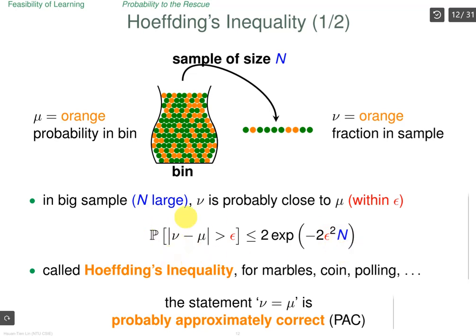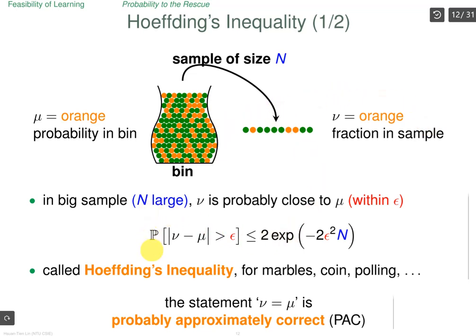This inequality is called the Hoeffding inequality and can be used for similar situations: marbles, coin flipping, or estimating polling results from sample data.